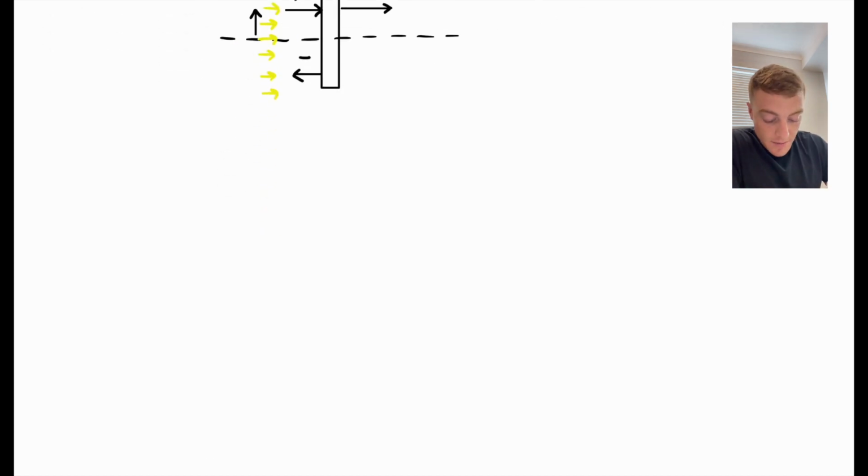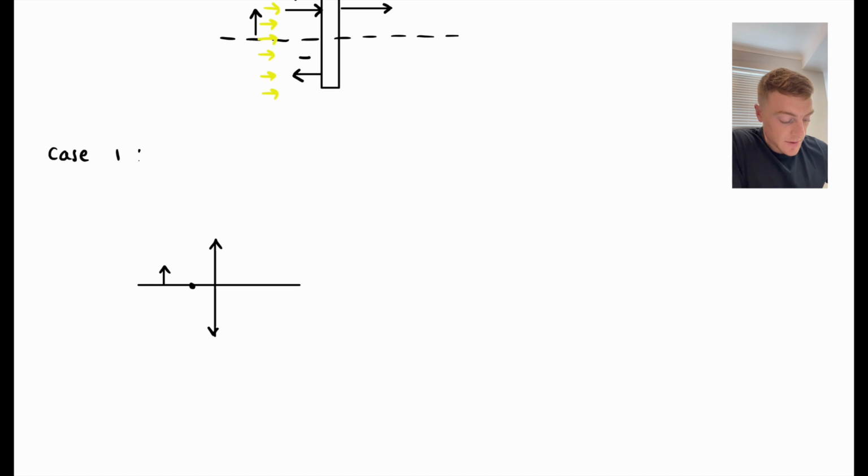Now let's look at a couple of cases of when this will be useful. So case 1, let's draw a quick ray diagram. This is going to be for a convex lens, so we know that f is positive. Now the object distance u is larger than the focal length, so you can either remember that from one of my previous videos, or we can just work it out from the fact that it forms a real image.